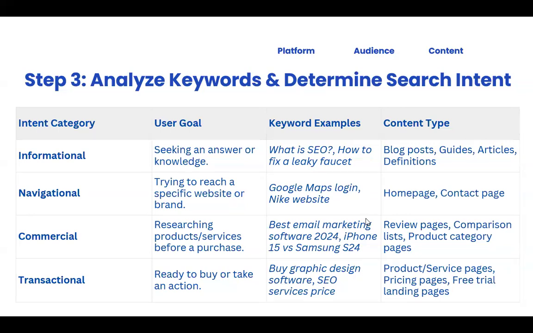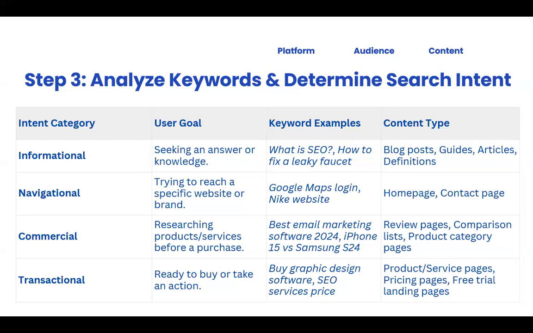what is SEO, or how to fix a leaky faucet. Faucet is like your tap at home. So you know that this person is seeking an answer or knowledge. You're not trying to convert this person. Do you get it? So there is content you create for people that are seeking an answer.